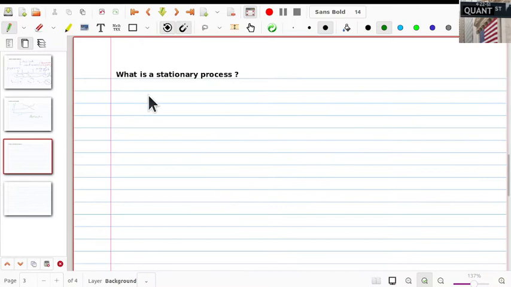Now let's discuss an important property of time series processes, which is called stationarity. So what is a stationary process?